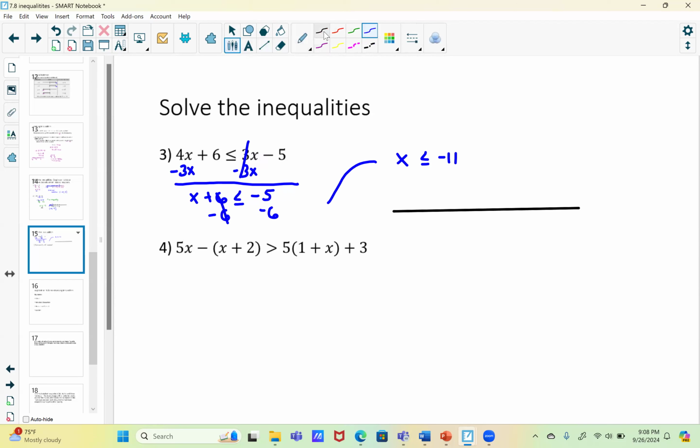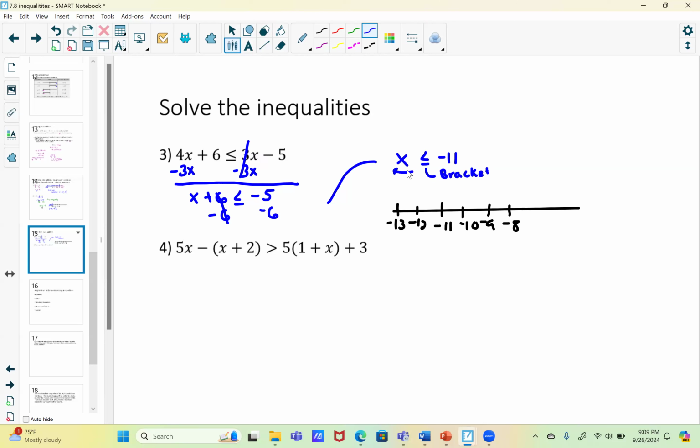I'm going to draw my number line. I'm not going to start at 0 because that's really far. So I'm going to do -11, -12, -13, -10, -9. I just need numbers to both sides. Because it has the equal sign, we're going to use the bracket. And I'm going less than, so I want numbers less than -11.